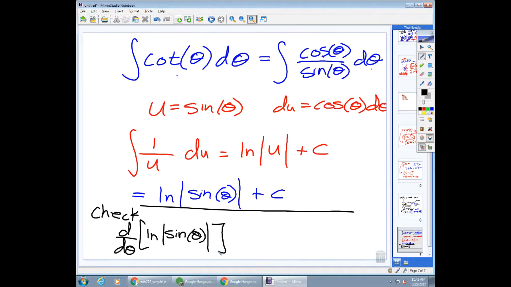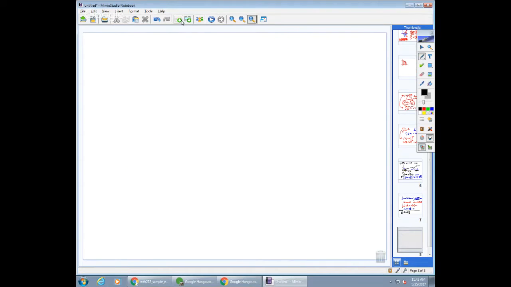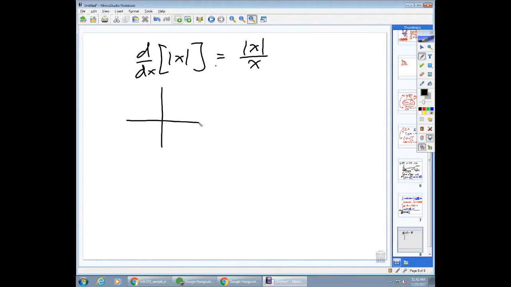Now, we got a bit of a problem here because the derivative of a natural log is a bit messy. And so I'm just going to make believe it doesn't exist for now. A common formula for the derivative of the absolute value is usually the absolute value of x over x. And think about that for just a second.